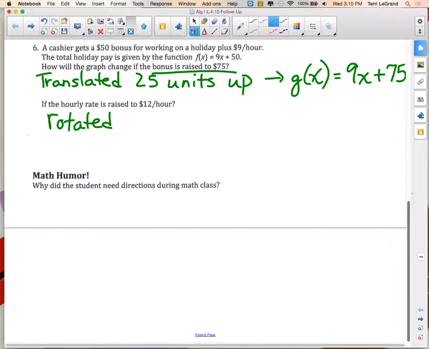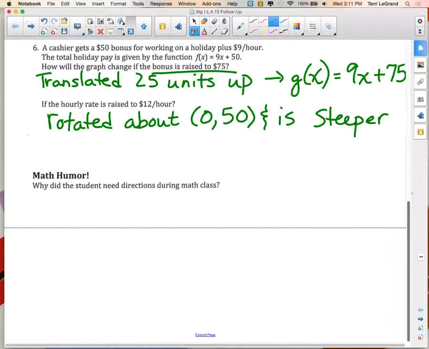So what would it rotate about? 0, 50, yeah. The y-intercept. And is it steeper? Steeper. You're getting paid more per hour. That line's going to rise faster. That total pay is going to go up faster. g of x for this one now would read 12x plus 50, yeah.